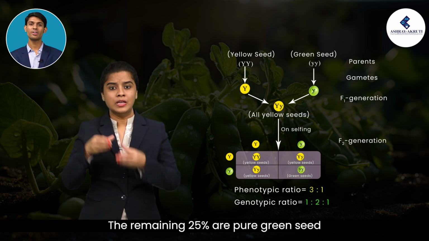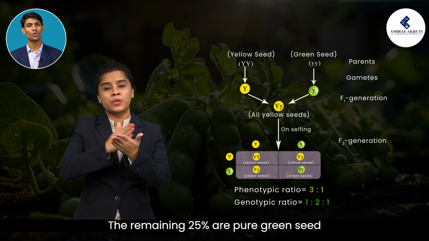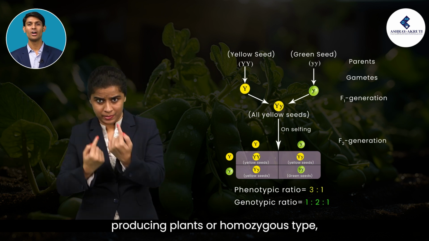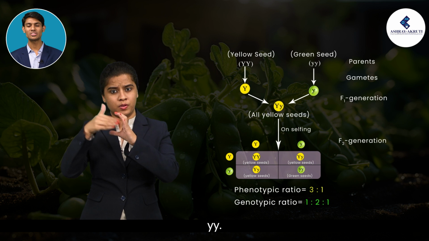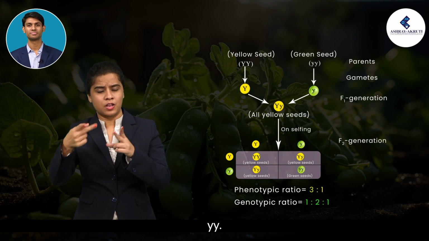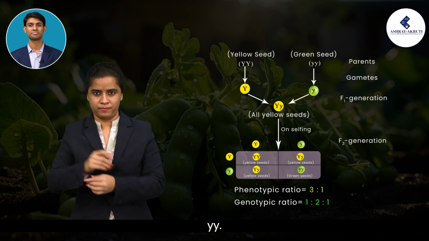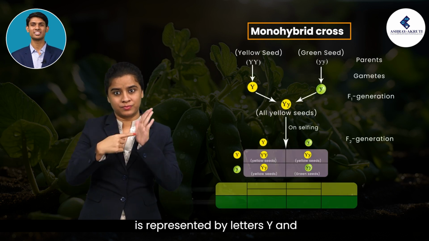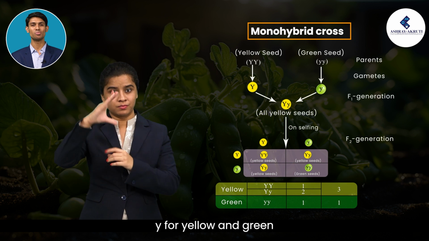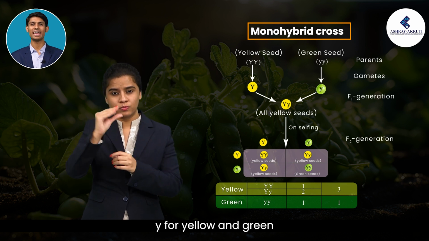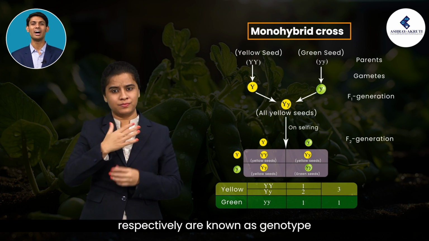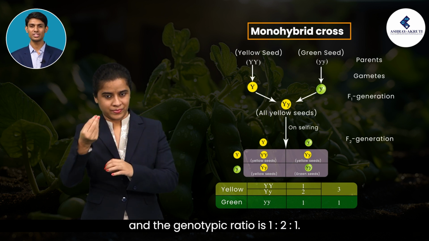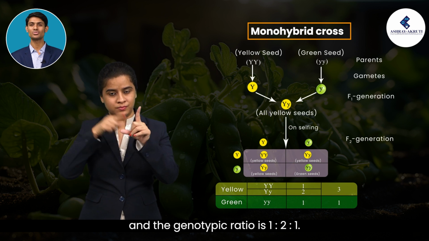The remaining 25% are pure green seed producing plants or homozygous type, small y small y. The seed color of plants is represented by letters capital Y and small y for yellow and green respectively, known as genotype, and the genotypic ratio is 1:2:1.